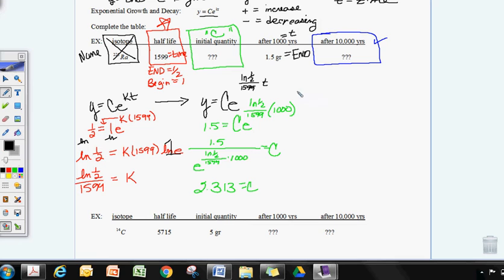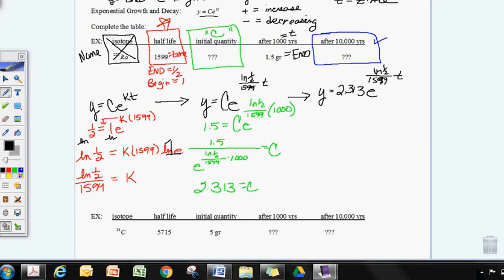So now my equation has evolved to y equals 2.313 e raised to the natural log of 1/2 divided by 1599, and that has a t tacked on behind it.